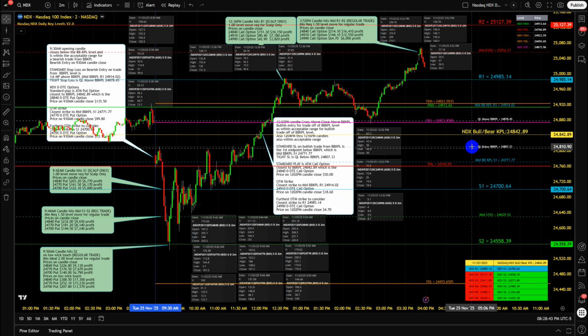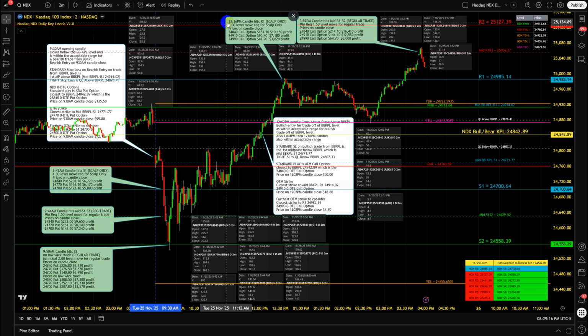Your stop losses, same as the other trade, except in reverse. Now this is a bullish trade, so your tight stop loss in the bullish trade is the QL below. Your standard stop loss is the first midpoint below. Keep in mind that these stop loss levels on your entries are going to be the same. Since it's level based, it's the same whether you take the at the money strike or one of the out of the money strikes.